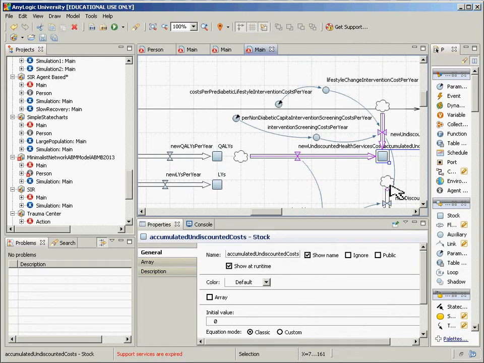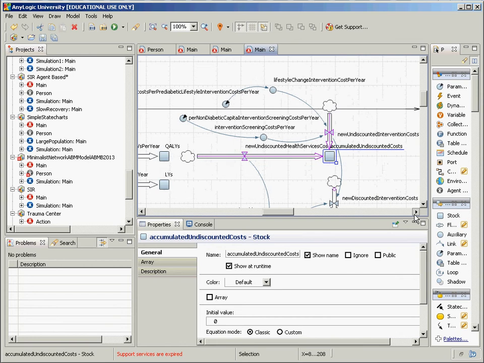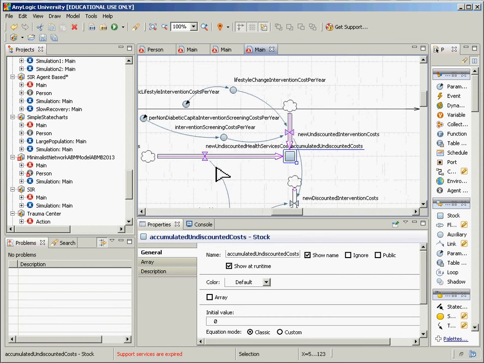Another sort of cost is costs associated with health service delivery. So we're going to have some interventions that we're going to be examining the cost effectiveness of. And here, we want to total up both those costs that it takes to roll out those interventions and propagate them. And we also want to total up the costs associated with health service delivery.